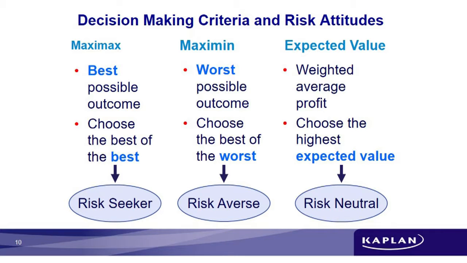A risk seeker is somebody who's going to take the highest amount of risk in order to maximize his or her return. Therefore, the other term we can use to describe a risk seeker is the term of a maximax.